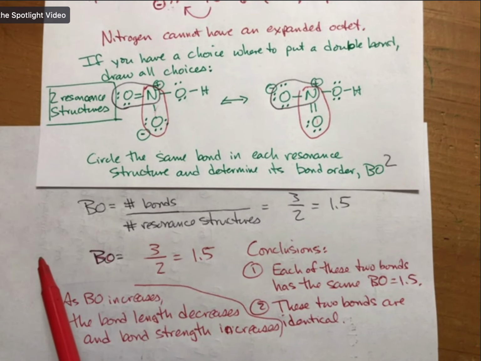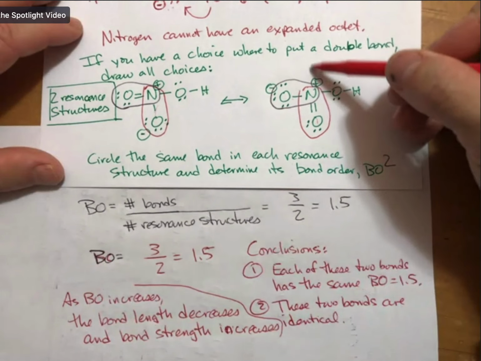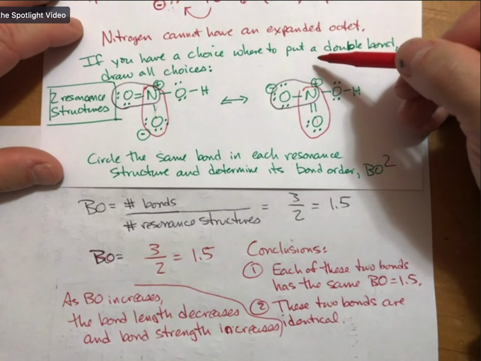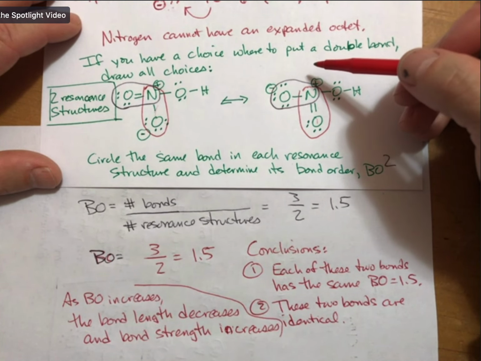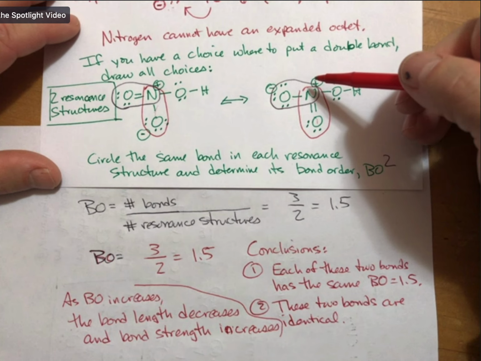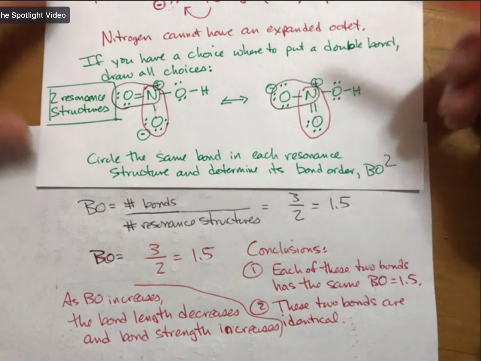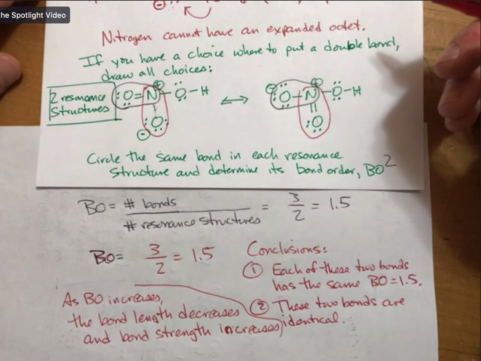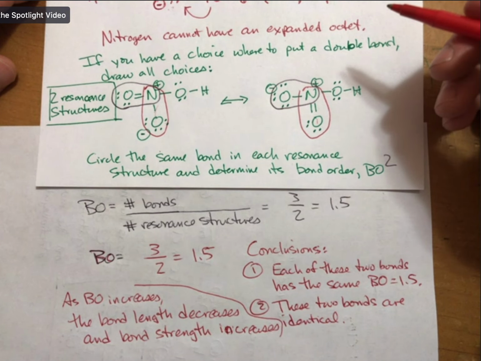Because the only thing that changes is the arrangement of the electrons. So you would never draw this with the O up as a different resonance structure. That is just different. And it makes it confusing to tell when the resonance structure is present or not. Okay, I think that's all I had to say about this problem.